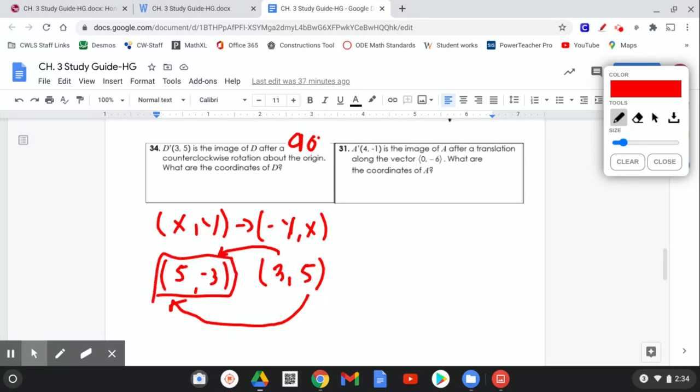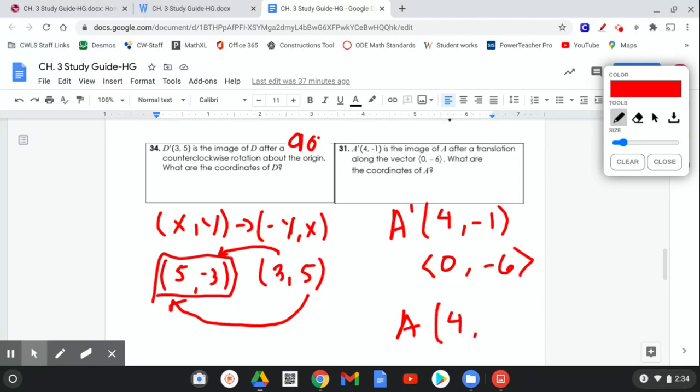Then for this next one, it's a translation. It tells us A prime along the vector (0, -6). So we have A prime at (4, -1), and the translation rule is (0, -6). We're looking for A. With 0, we don't do anything with it. We just leave it as 4. And for this one, we're actually going to do the opposite of what the rule says.